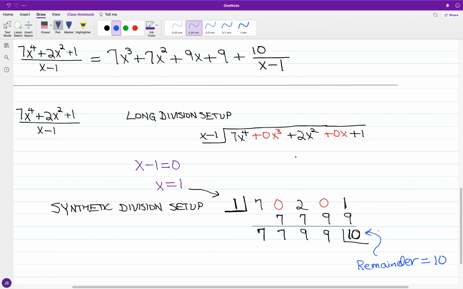In terms of what we had before, you had 7, 0, 2, 0, 1, in reference to 7x to the 4th plus 2x squared plus 1. But now the 7, 7, 9, and 9 are in reference to the quotient.